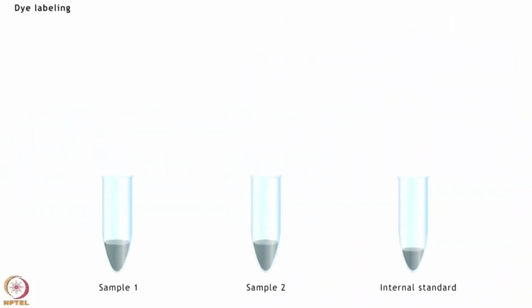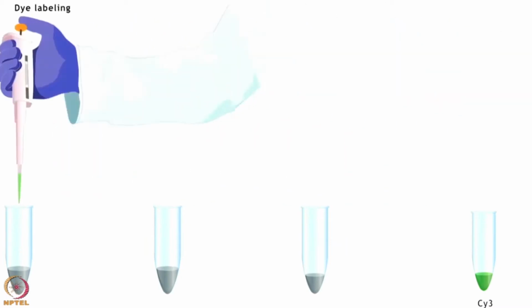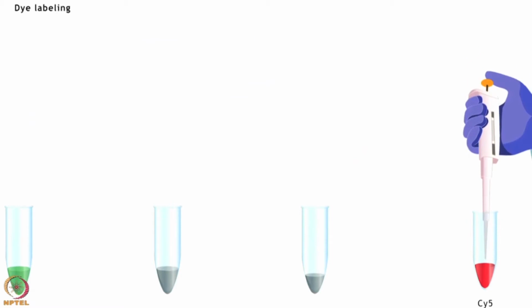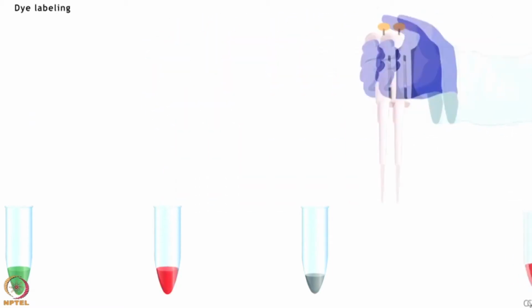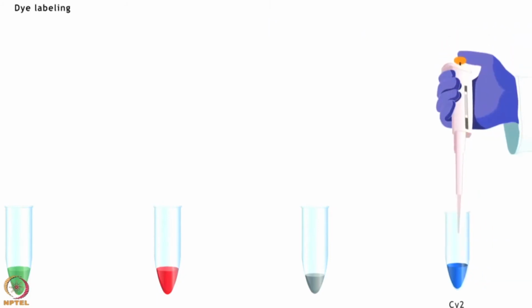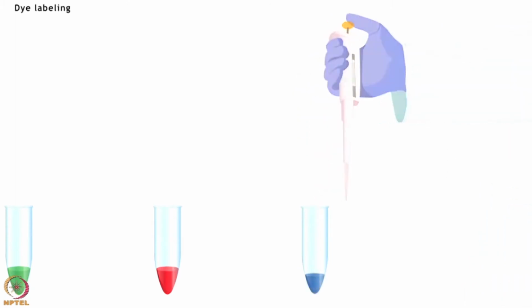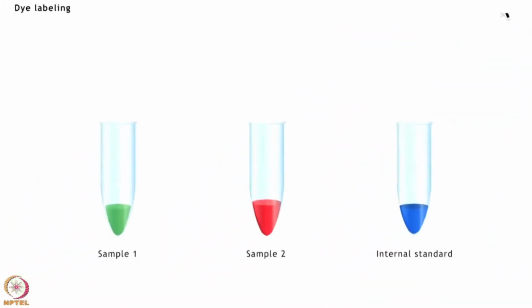Each protein sample as well as the internal standard is labeled with a differently fluorescing cyanine dye, which allows all protein samples to be simultaneously run on a single gel. The dye binds covalently to the epsilon amino group of lysine residues in proteins.